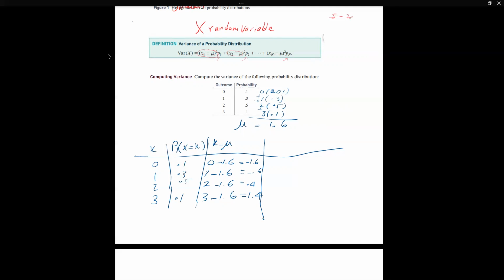Then you're just going to square this. So as you see here, k minus mu squared: 2.56, 0.36, 0.16, 1.96.